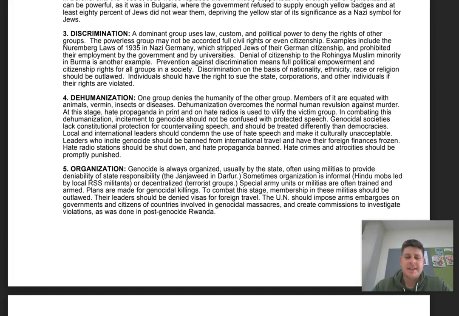The next stage is dehumanization. And this is basically the first real step towards enabling people's mindset to change so they can justify the genocide when it happens later, the extermination stage. Basically, we see one group, the controlling group, turn the other group into something other than human.